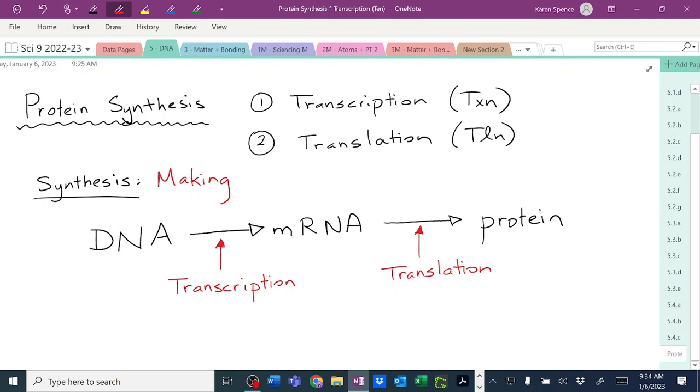Different sections of RNA will come off different sections of DNA. So somewhere in your 46 chromosomes, 46 strands of DNA that you have in your body, each one of them has a ton of genes on them. All the RNA comes from DNA. Okay.